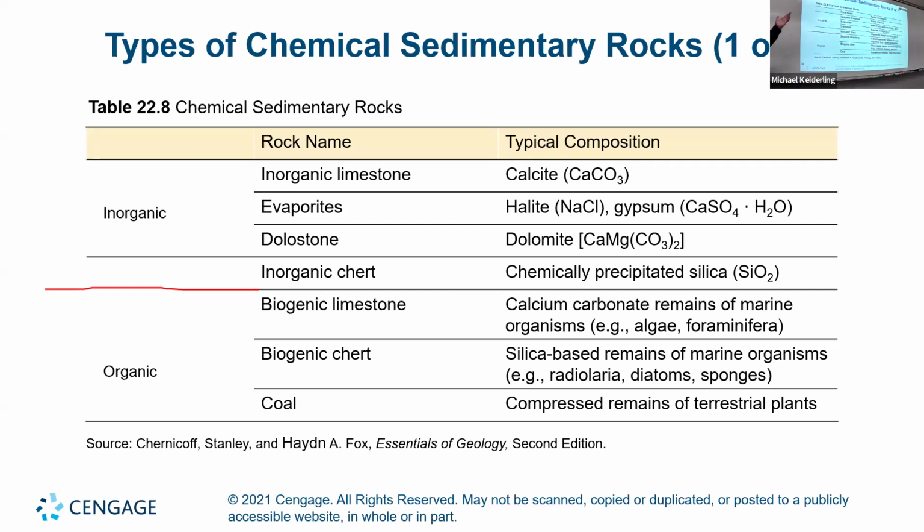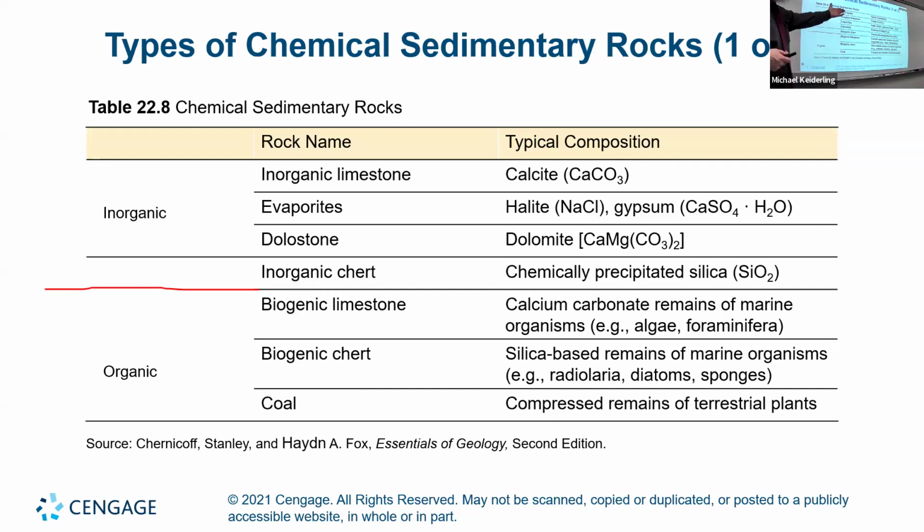Inorganic limestone is calcite. You can have limestone that forms without any living things involved. Just the calcium carbonate is dissolved, it then evaporates. The water evaporates, you leave behind calcium carbonate. This is like dripstone in caves, things like that. Evaporites are various things that are called generally when you have a lake bed or something, it evaporates.